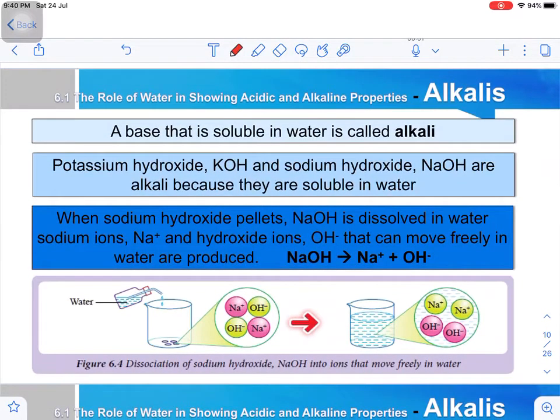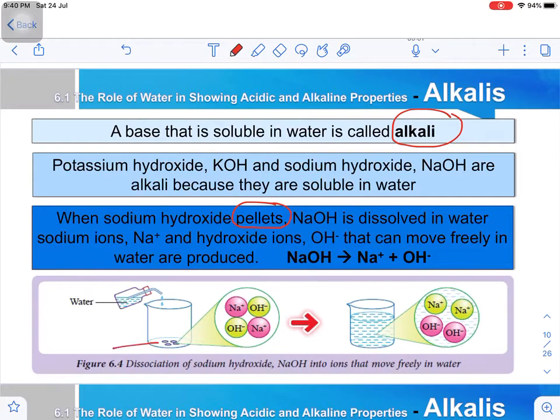A base that is soluble in water is called an alkali. Potassium hydroxide and sodium hydroxide are alkalis because they are soluble in water. Normally in the lab, the sodium hydroxide we get from the chemicals supplier is in pellet form.